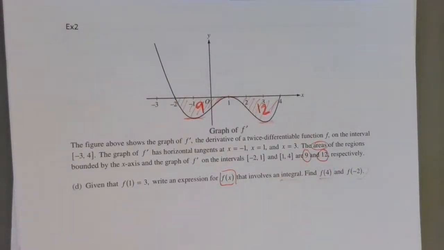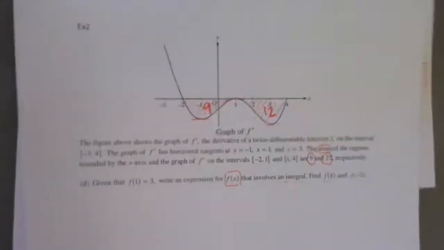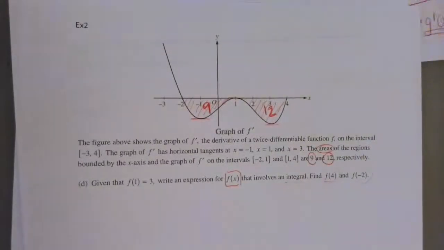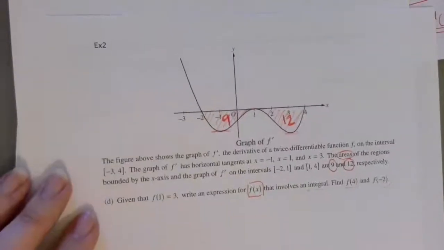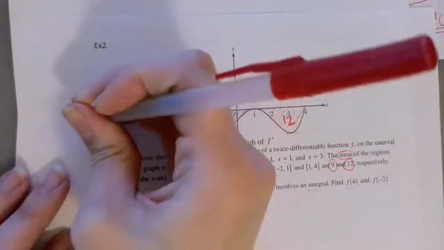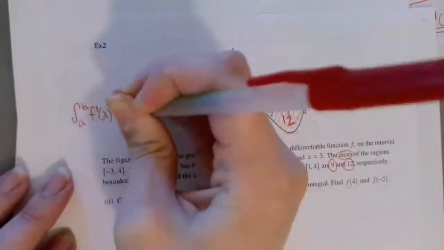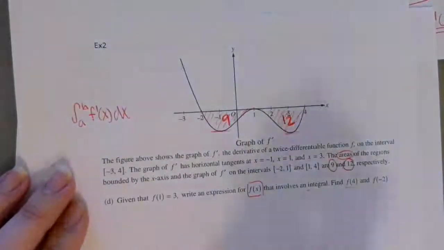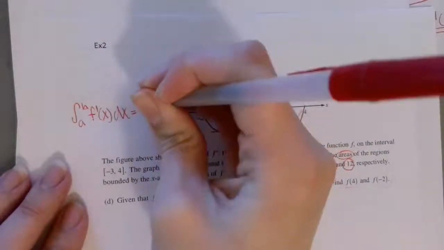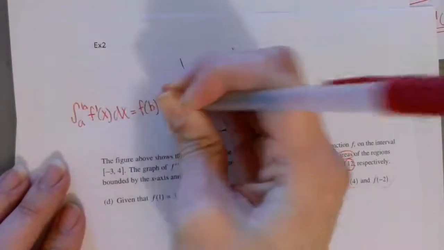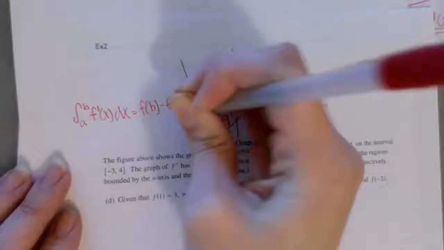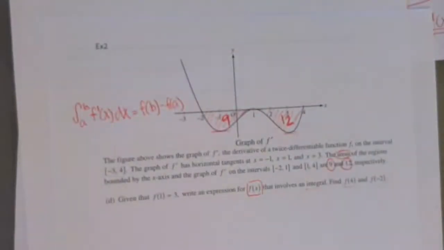Okay, so this is going to be the fundamental theorem of calculus, and I am going to need the fact that the integral from a to b of f prime of x dx, so I started with f prime, equals f of b minus f of a. But we're actually going to rearrange this a little bit.